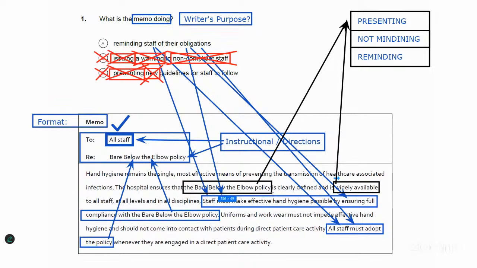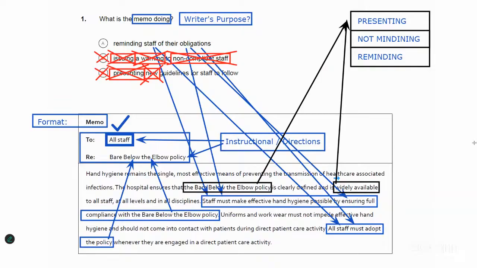The bare below the elbow policy is clearly defined and widely available. Try to notice that. It's already available, presented, but people are not minding. That's why his staff must take.